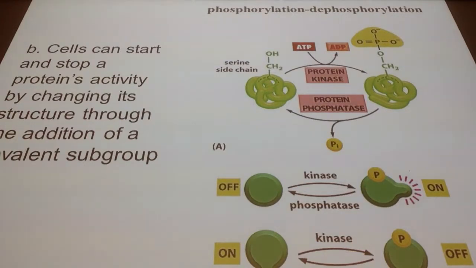It's not always true that phosphorylation activates a protein and dephosphorylation inactivates it. Sometimes phosphorylation inactivates a protein and dephosphorylation activates it. As in here, phosphatase can either turn on or turn off, and kinase can either turn on or turn off. So we say phosphorylation and dephosphorylation regulate protein activity, depending on what?